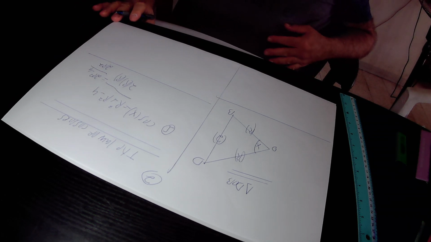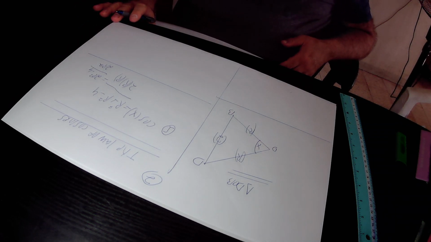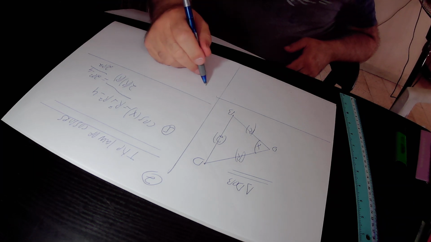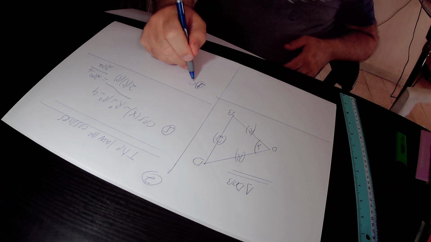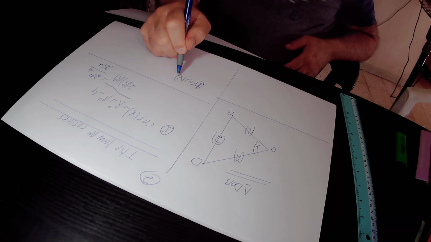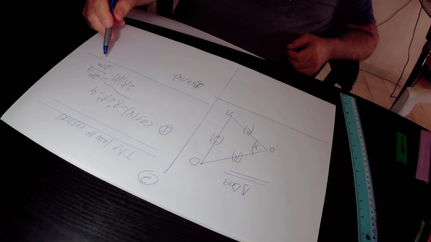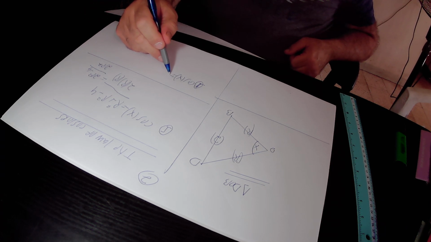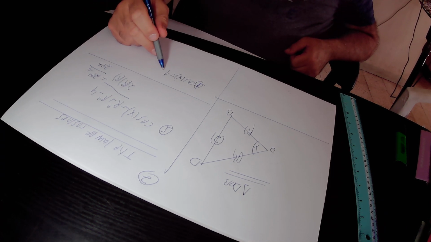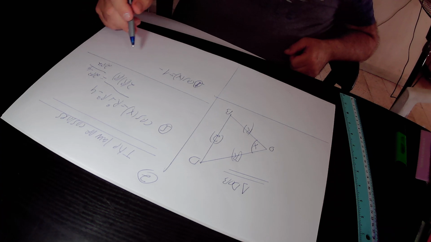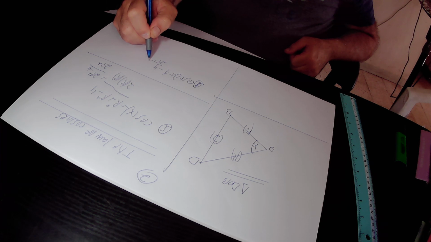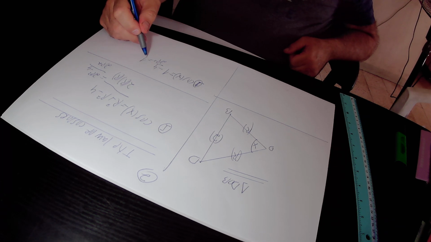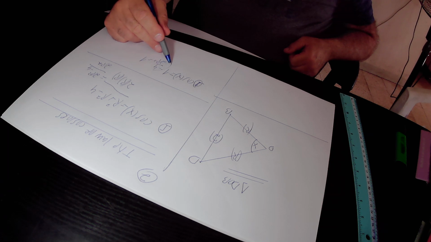Here we find that cosine x equals 2R squared over 2R squared, which is 1, and we also have minus 4 over 2R squared.